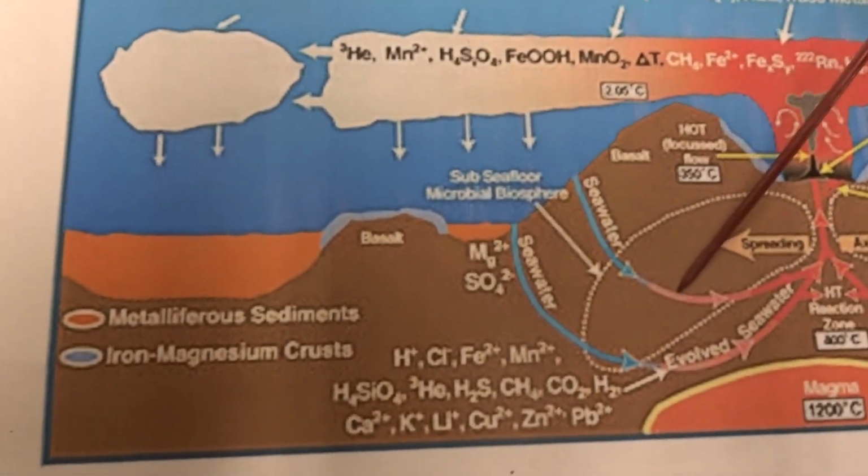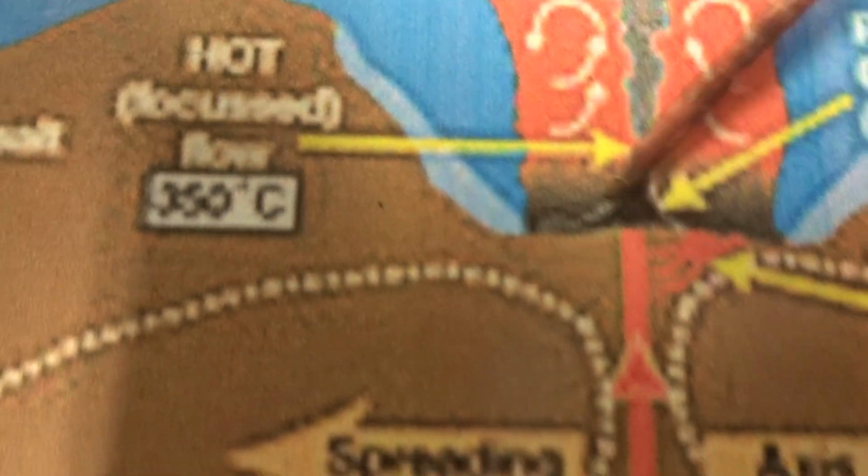Here we see the ocean floor. This is an oceanic trench, which is an area where there's volcanic activity.